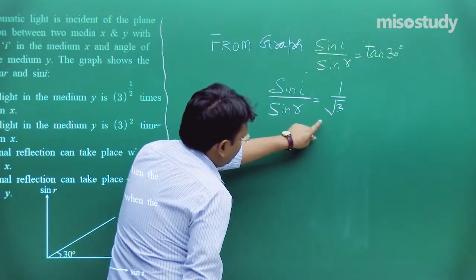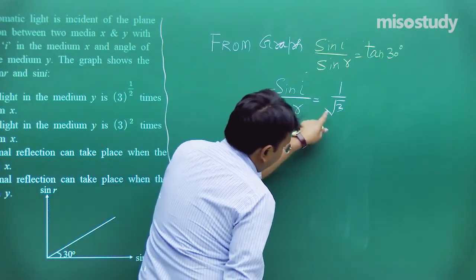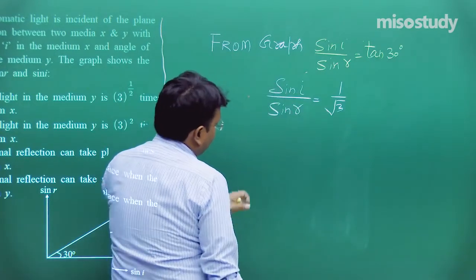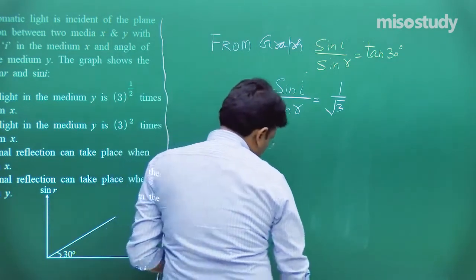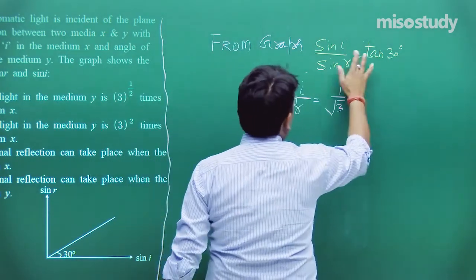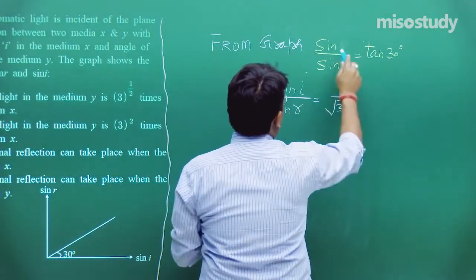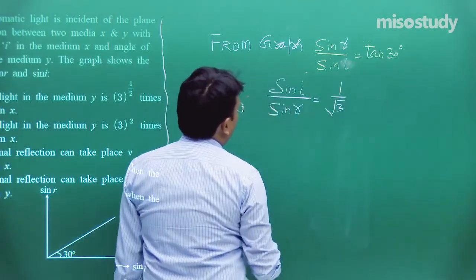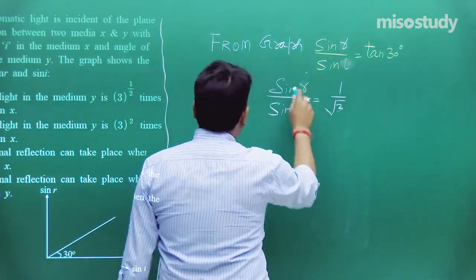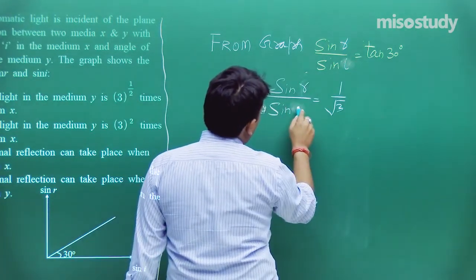Moreover, from here, root 3 sin I is equal to sin R. Let's make it sin R upon sin I, because the value is given from the x axis. Otherwise, I'll have to take this 60 degree angle, and that way also I can do it.